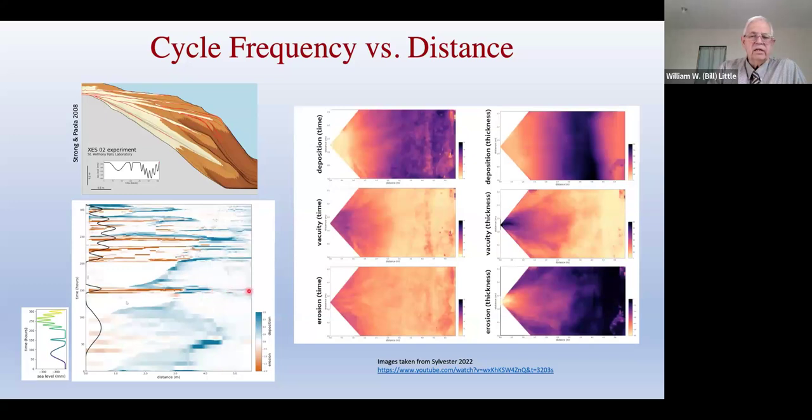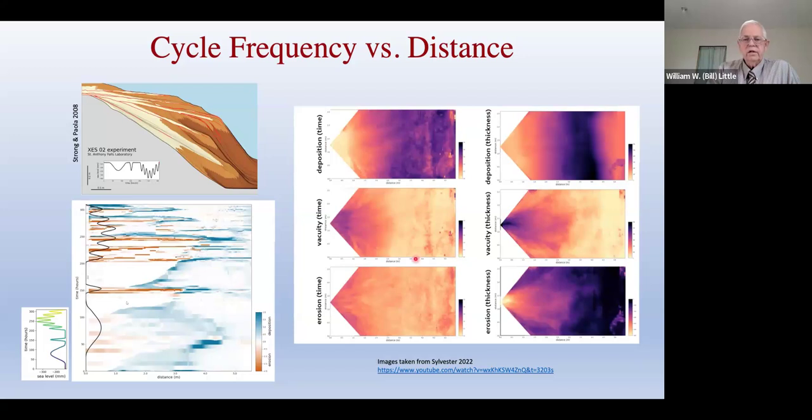It decreases basinward. Here, they put together some maps that show deposition in terms of both time and thickness, and as you would expect, the amount of time over which deposition takes place is going to increase from land out into the basin.